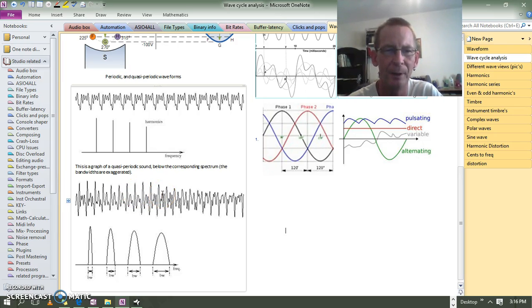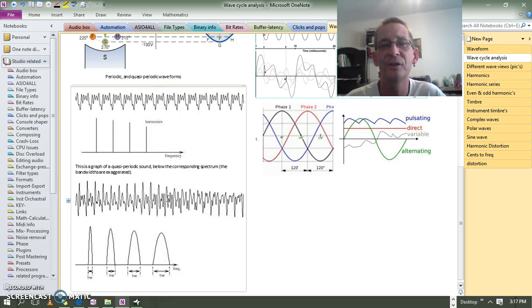They're quasi-periodic, meaning all those things I talked about in the first part will be changing and fluctuating all over the place. It depends on whether you're playing louder or softer, or at a different position on the instrument. There can be all kinds of things that change the actual timbre of the sound.